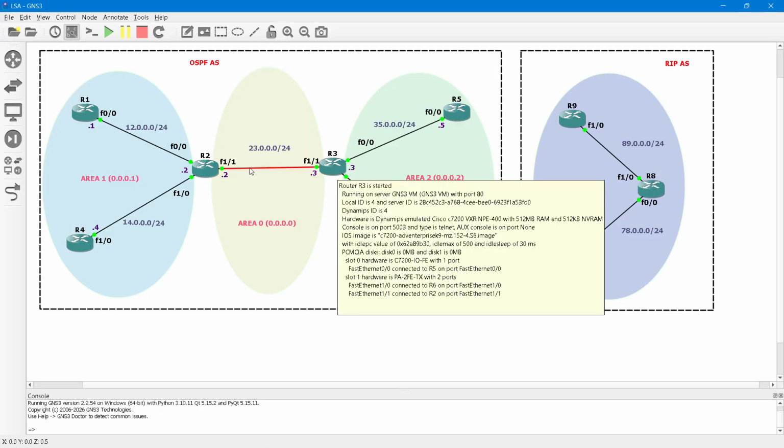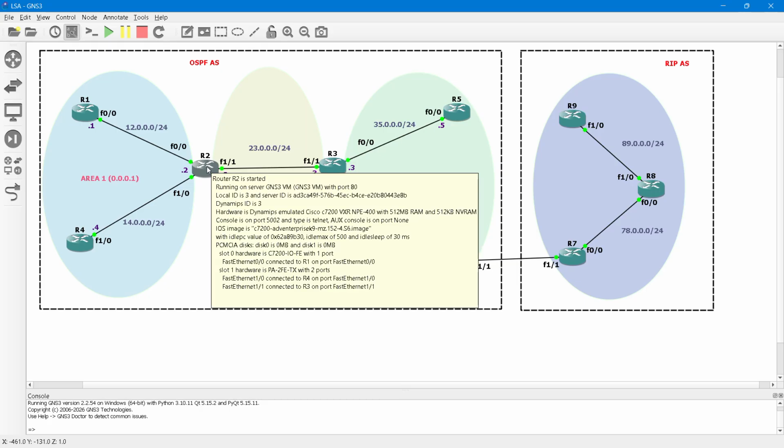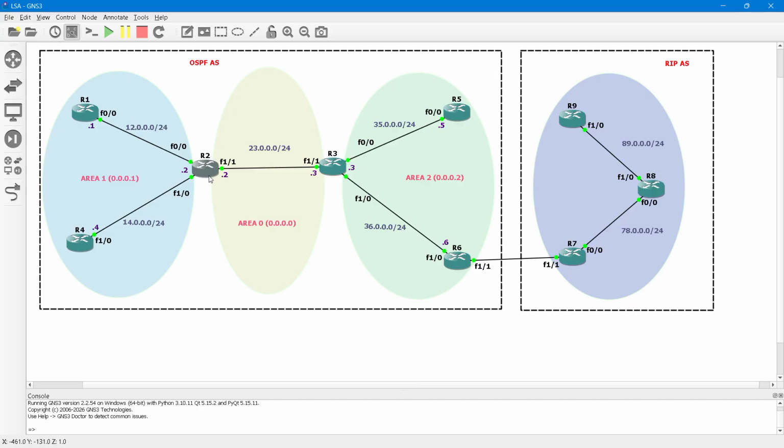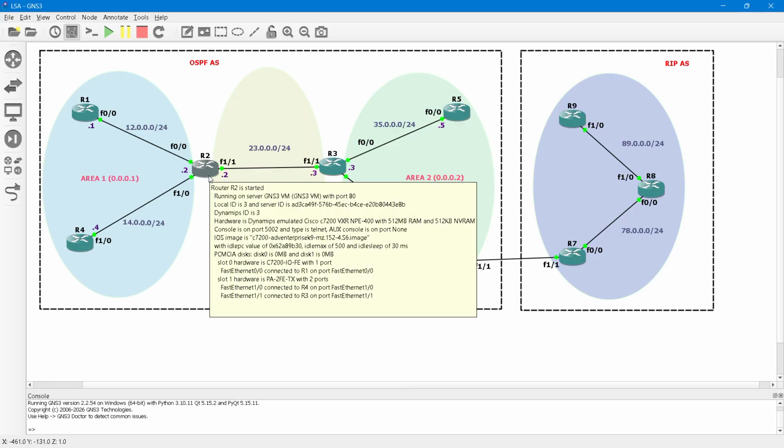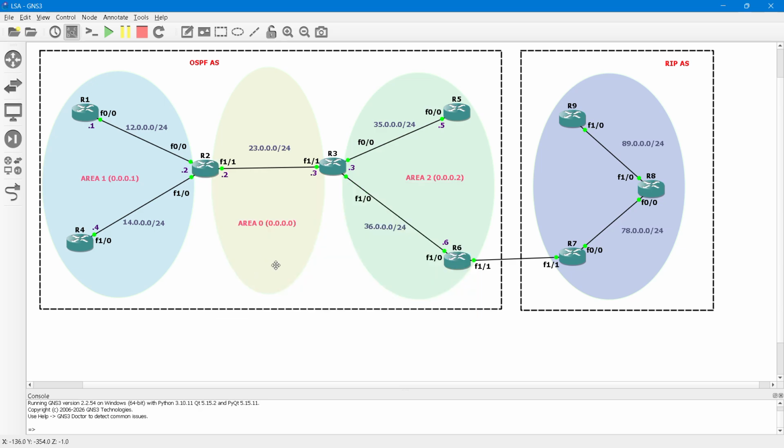And when it sends to R2, R2 will put its own router ID and send to area 1, so the router ID will be 2.2.2.2. Now the question is, who generates type 4 LSA? Type 4 LSA is generated by the ABR. So the ABR in this topology is R3.